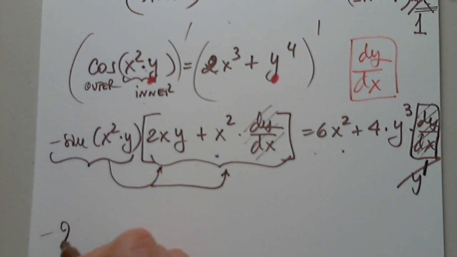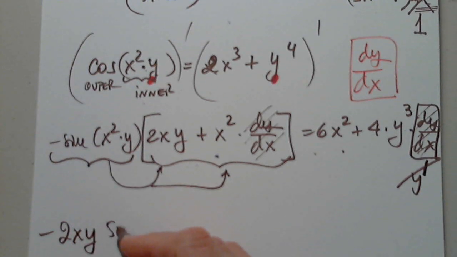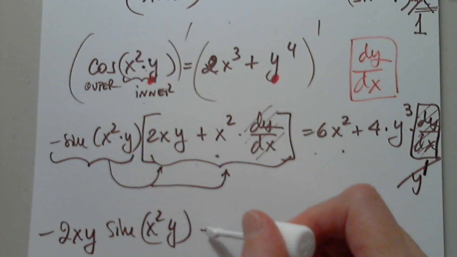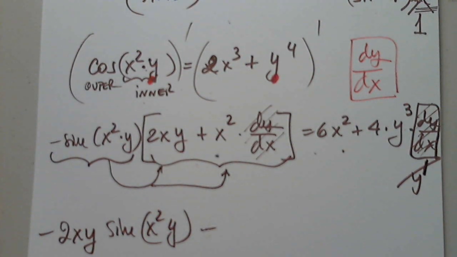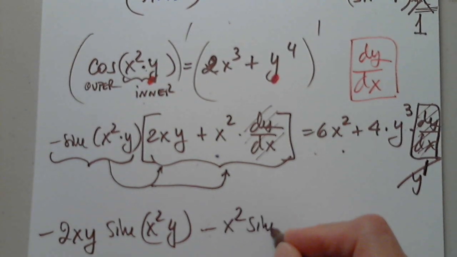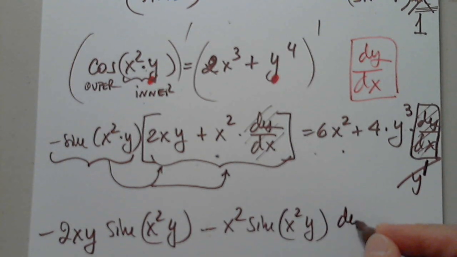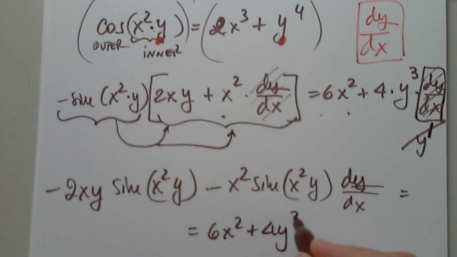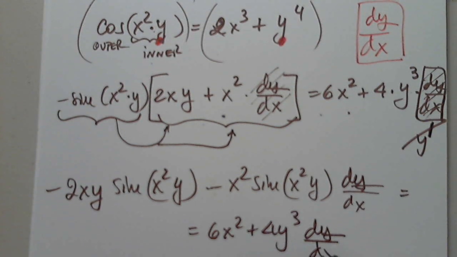So I have negative 2xy times sine x squared y, minus x squared sine x squared y times dy over dx, equals the 6x squared plus 4y cubed dy over dx.